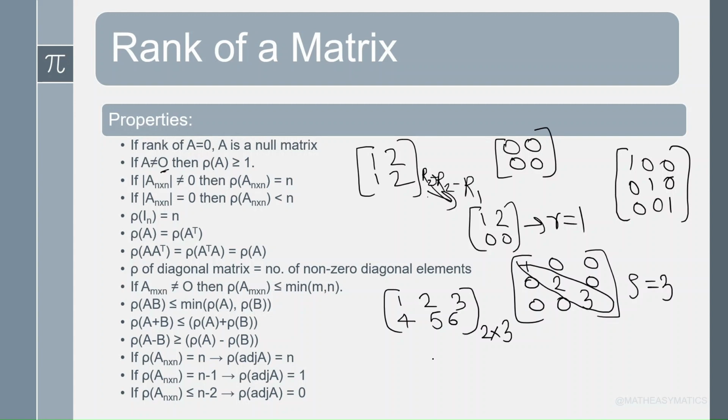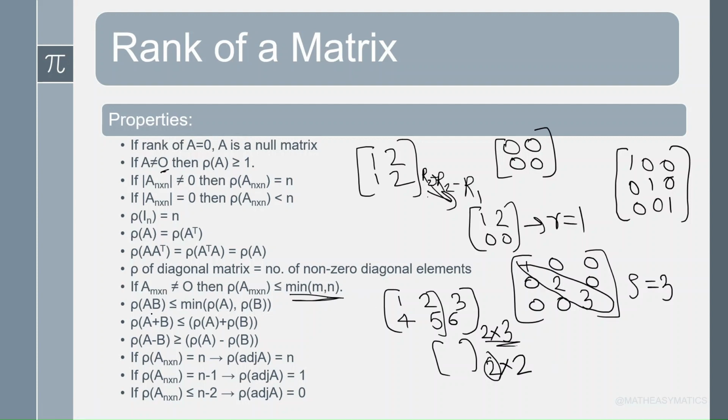We know that rank of matrix is the order of the highest non-zero minor, and minor is only possible for a square submatrix. So maximum possible square matrix here is 2 by 2. So rank will always be less than or equal to 2, meaning rank will always be less than or equal to minimum of m, n.